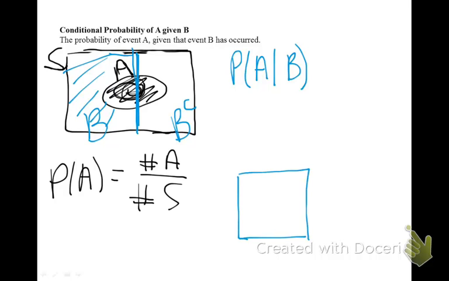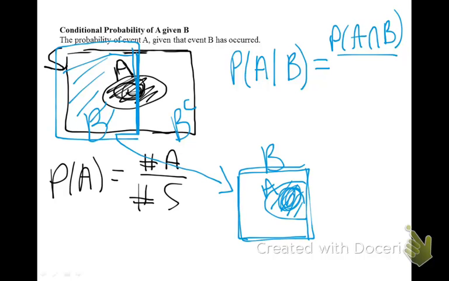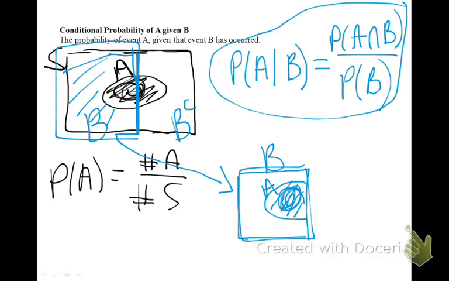Pulling just the B portion of this diagram and just the portion of A that's within B, I get this half of the picture. So to get the probability of A given B, I'm going to find the number that's in both, the probability of A intersected with B. And then I'm going to divide by the new sample space, which would be the entire box, or the probability of B. This is your formula to calculate conditional probabilities.